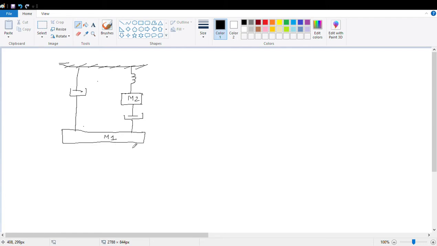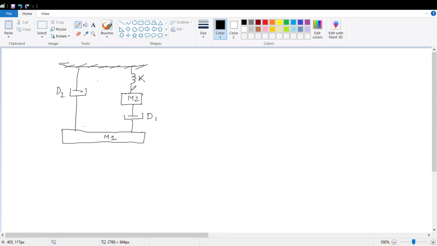Okay. Now what is given in the system? It is given that this is M1, this damper is D1, this damper is D2, and this spring constant is K. So this is a physical model.